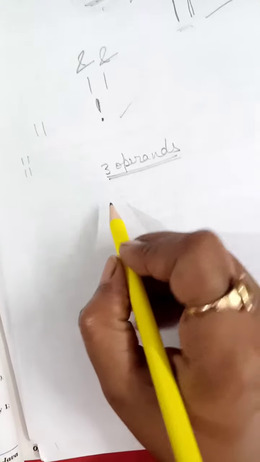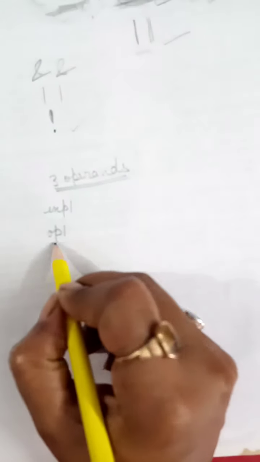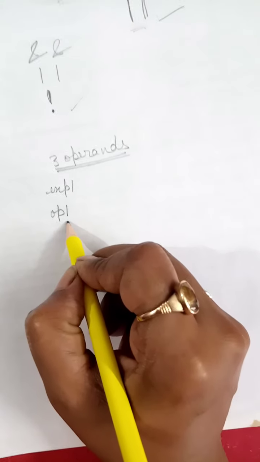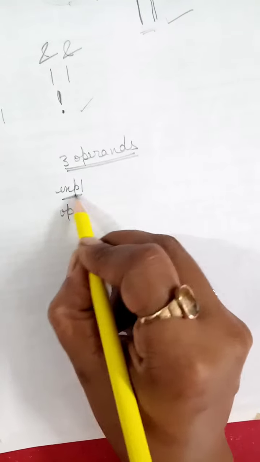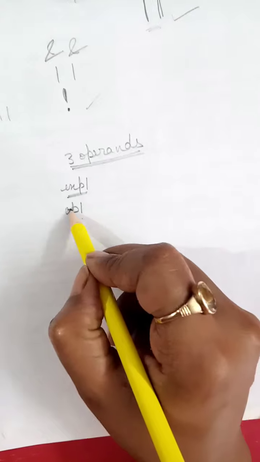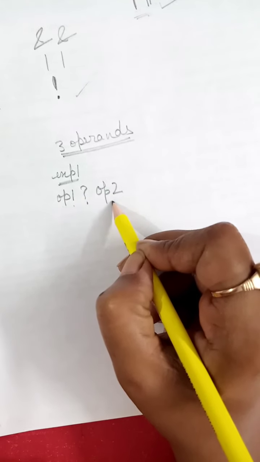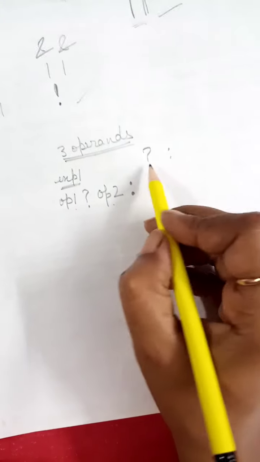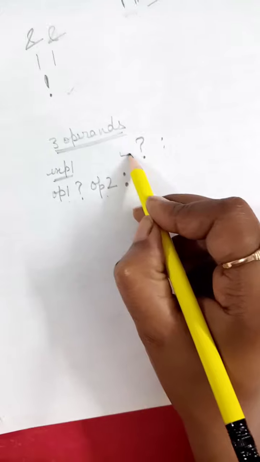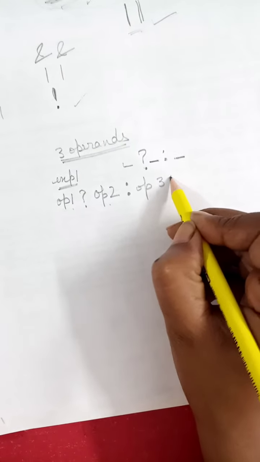How to write a ternary or conditional operator? Operand 1, which can be an expression also, that's why books mention expression. Then a question mark, then operand 2, which can also be an expression, followed by a colon. Before the question mark there will be operand 1, after the question mark operand 2, and after the colon operand 3.